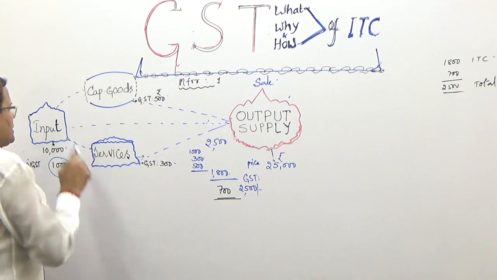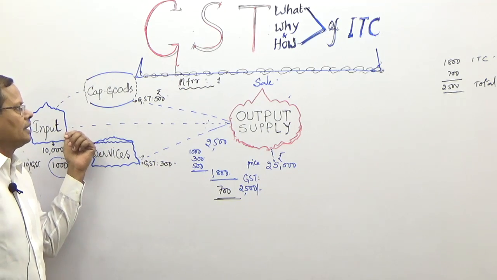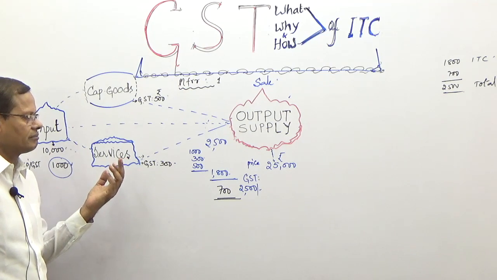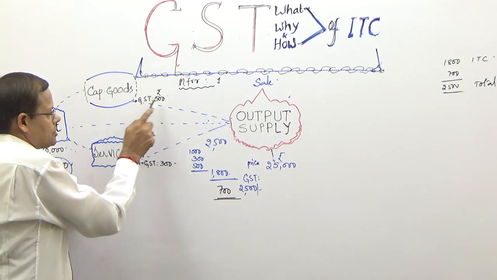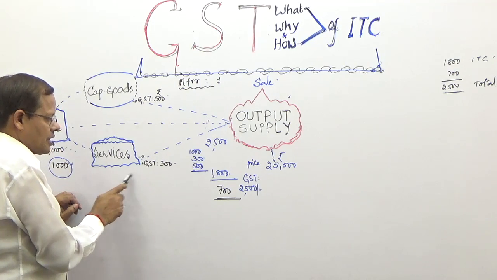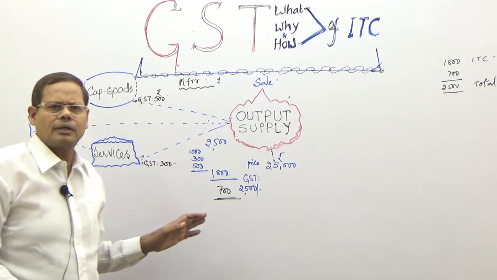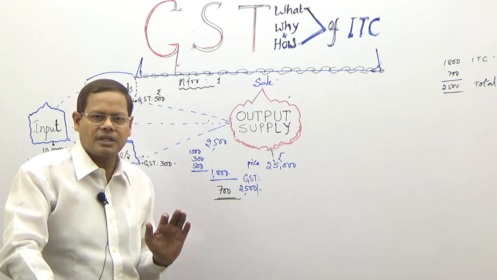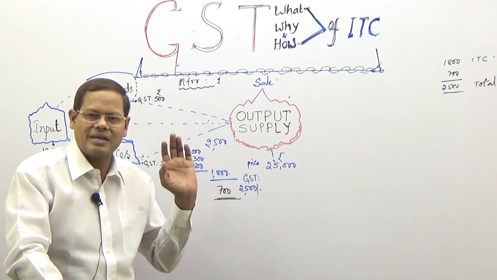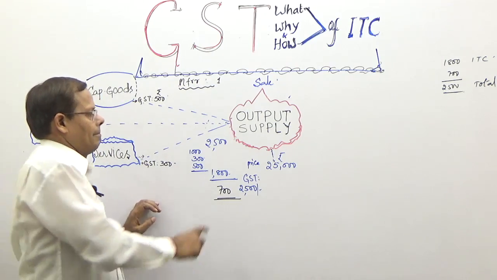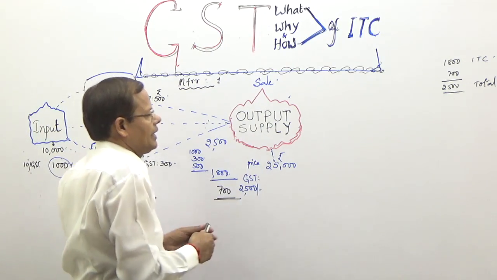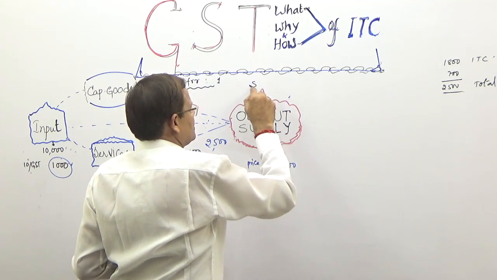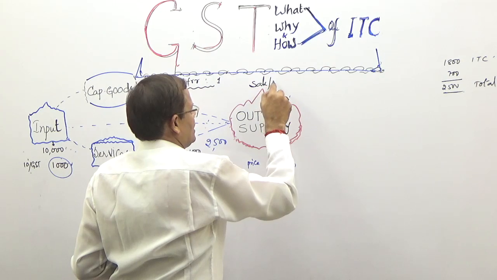So he is purchasing inputs, raw material, he is processing, and some processing charges are there, and he is also using capital goods, paid tax, he is also using services. Normally for a manufacturer these expenses will be more, but for simplification purposes I am taking them as the same. So this outward supply for a manufacturer is maybe sale or simply supply, whatever it is.